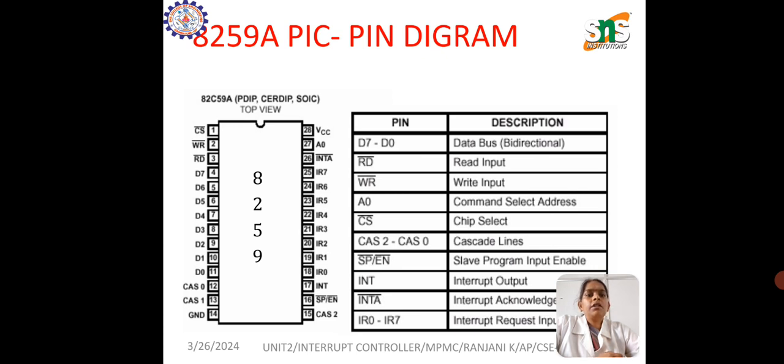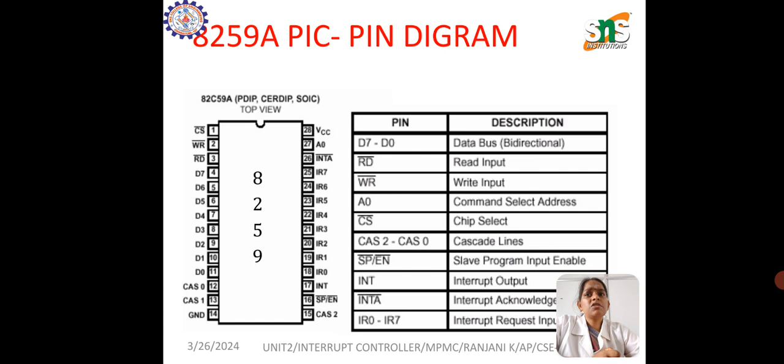And here IR0 to IR7, these are 8 asynchronous interrupt request inputs, and these interrupt requests can be programmed by using level trigger or edge trigger mode. Next is your INT.